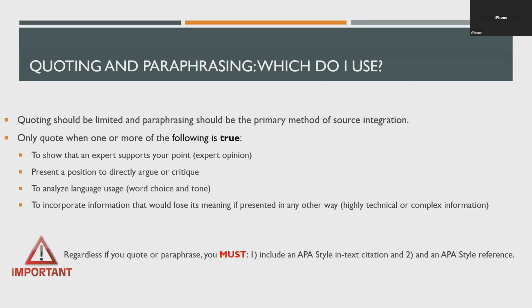But if the exact language of the information doesn't really matter, and you're more going for the gist, it's better to paraphrase. But again, to reiterate, it doesn't matter if you're quoting or paraphrasing, you absolutely must still cite things. You're going to provide an in-text citation, and you're going to provide a reference at the end of your text.